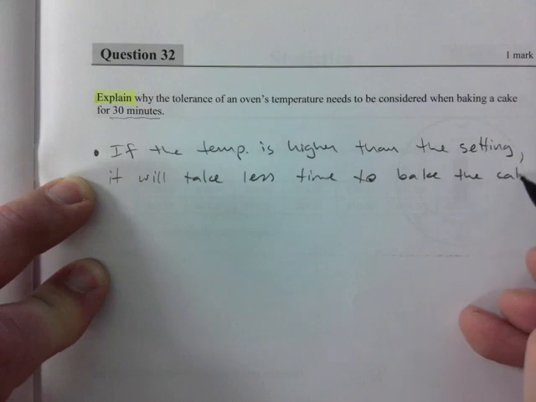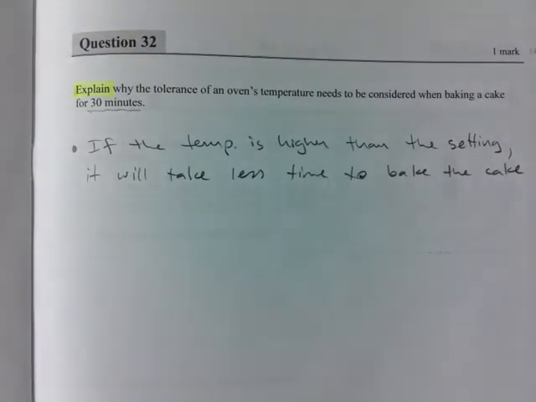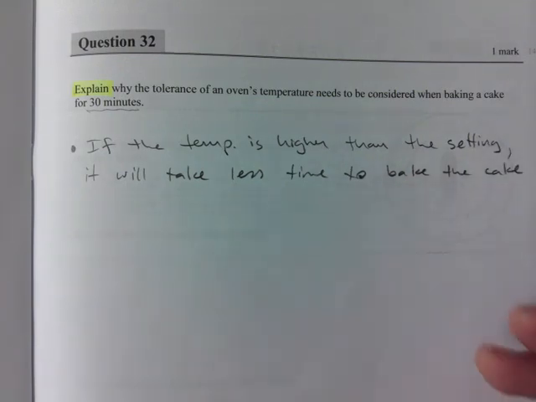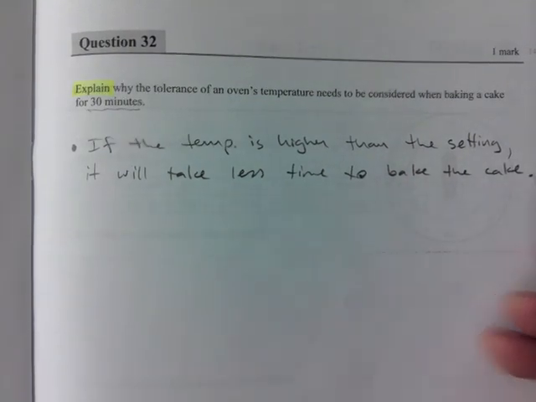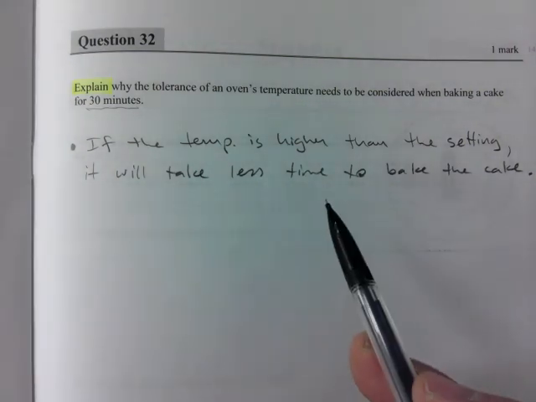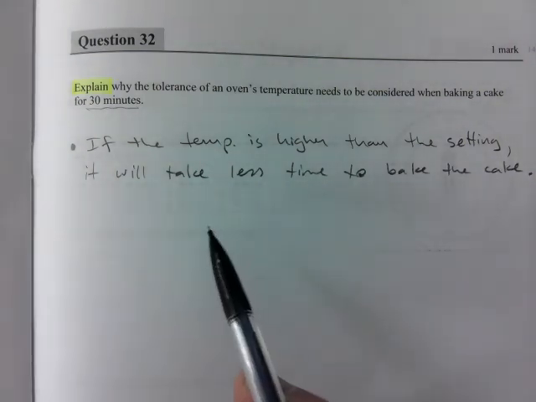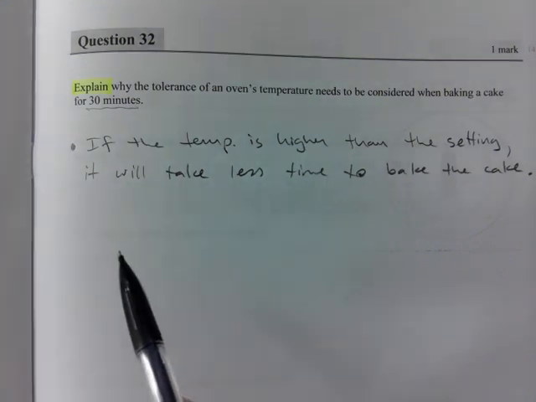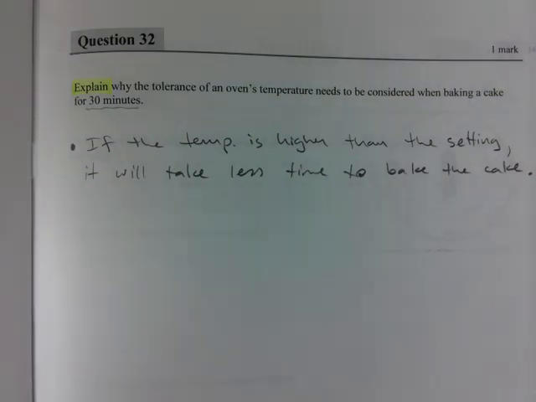Sorry, the chicken is out of the question because it says we're baking a cake. So I read it again. I'm just making the point that it's going to take less time to bake it. You can also make the point that if you keep it at 30 minutes and it's higher than the setting, you may burn it. So I'll leave that up to you. I'm just going to keep going here.